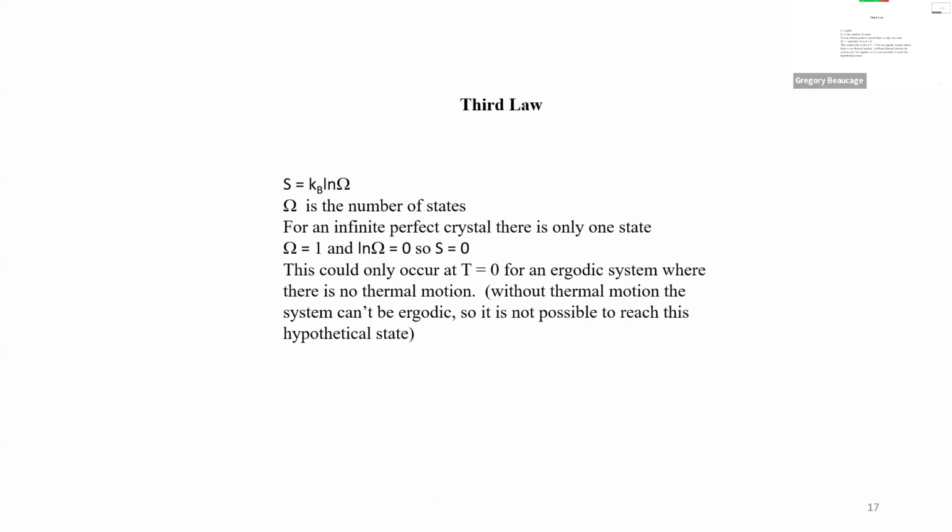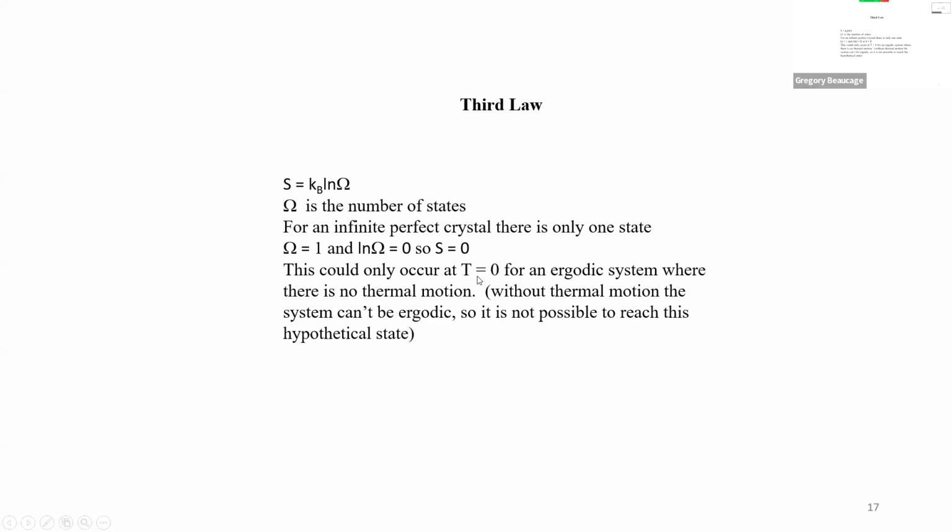So that's the idea of this thing. One thing it says is if you have one state, then the entropy has to be 0 because log of 1 is 0. So in other words, something to the 0 power is 1, right? Basically, the only way to get one state is if you can get to absolute 0.